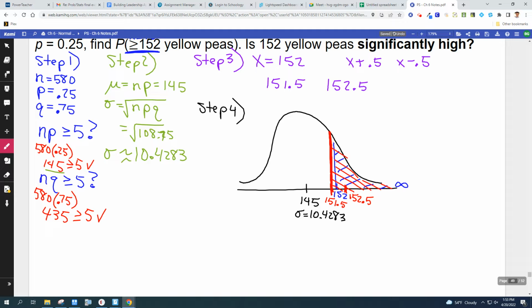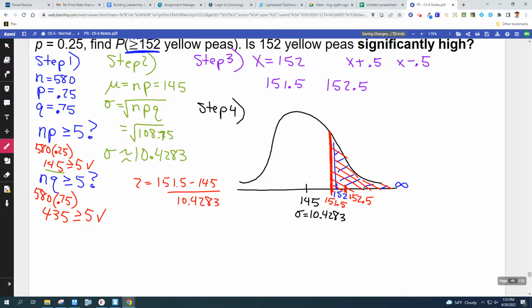So at this point, we've got everything we need to do exactly what we did in the last few sections. If you're going to use the table, you're going to have to change that into a z-score. Remember, the z-score would be our x number minus the mean over the standard deviation, but I don't want to do that.